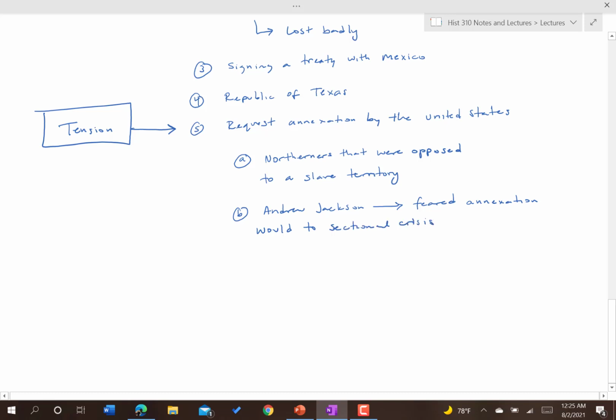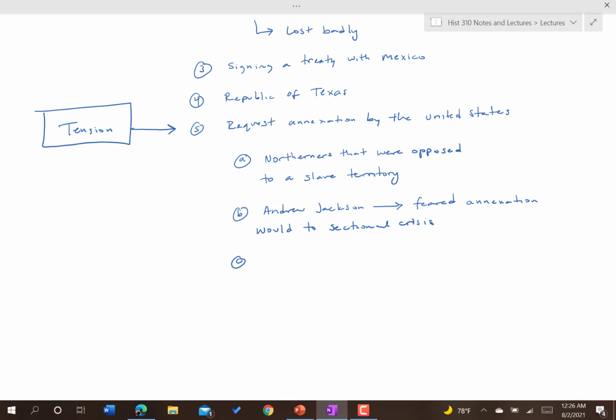And what's funny is that what you end up having in a lot of this early stuff with Texas is the presidents being like, don't really want to deal with that. They're like, how about not in my presidency? Can we just hold off and then some other president can deal with this? So you end up having several presidents being like, oh yeah, no, I don't want to deal with that.